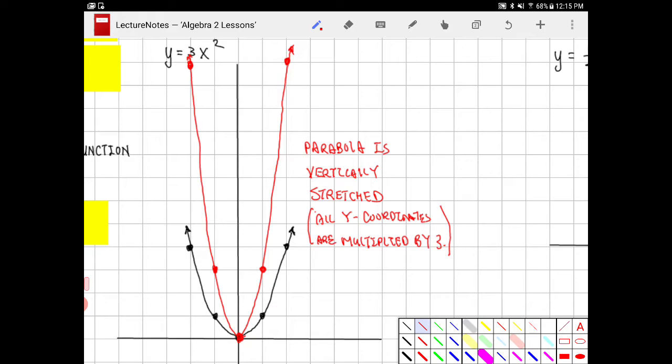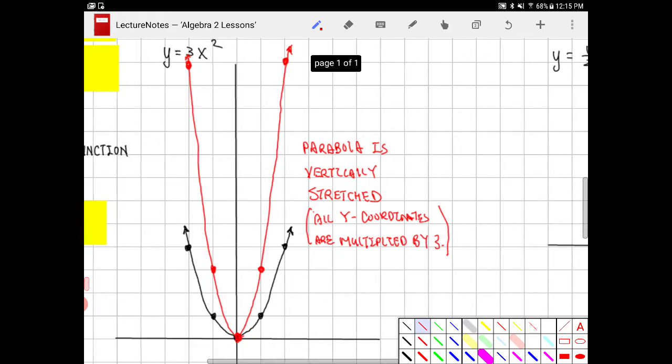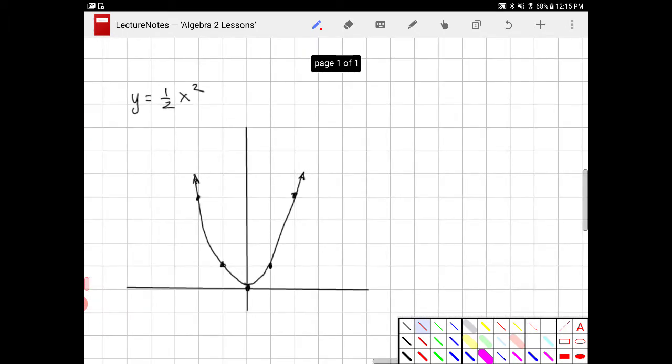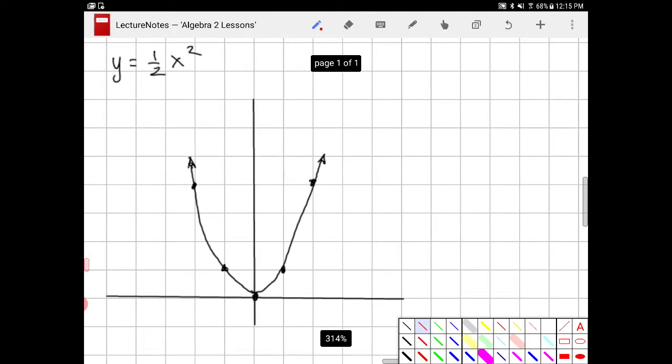All right, let's take a look at the next scenario. I have y is equal to 1/2 x squared. Graph this into the graphing calculator and see what comes of it. And if you plotted this into the graphing calculator, you should see again the origin. That vertex in the middle there stays where it is.